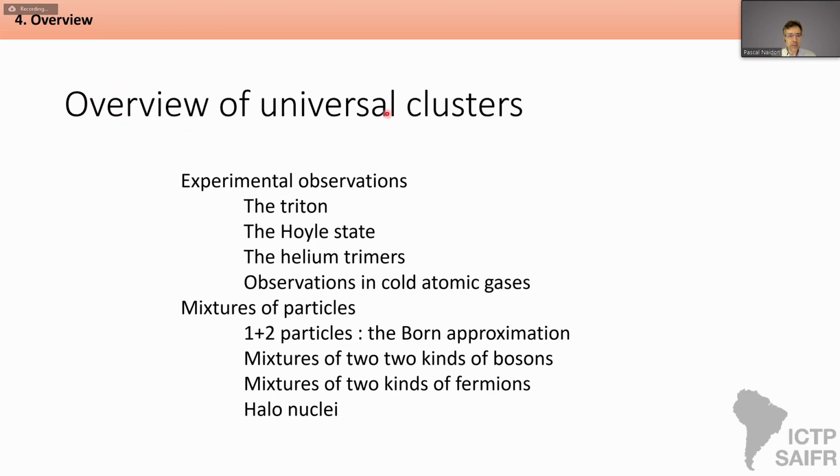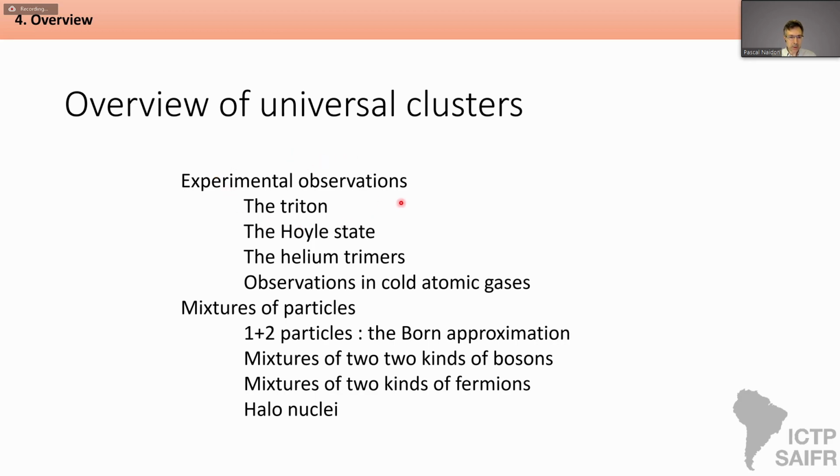And in this lesson, we'll have a bit more relaxed view at the experimental observations of this Efimov physics, and more generally how we can have not only three bodies but universal clusters of particles that have some universal properties related to the Efimov effect.